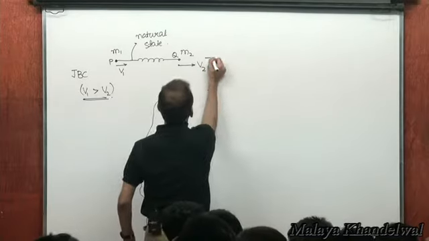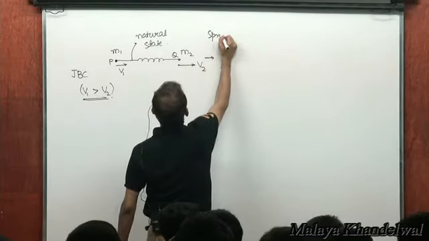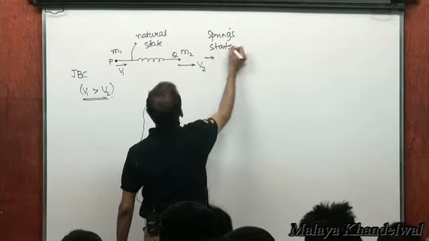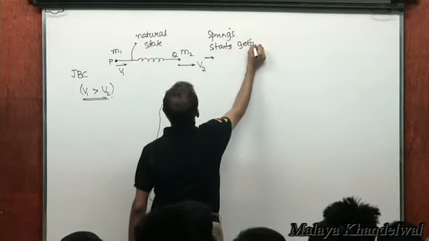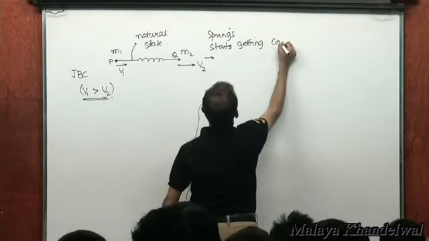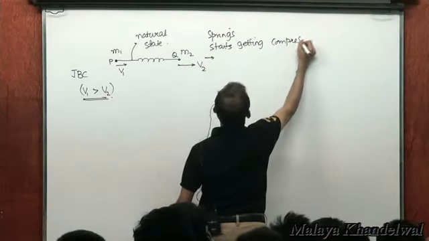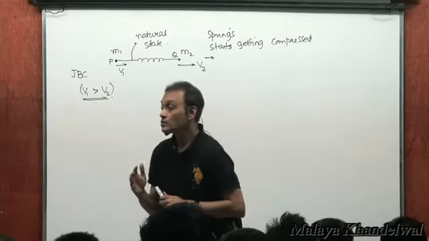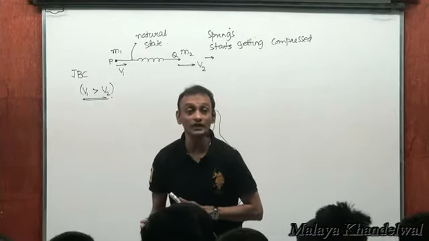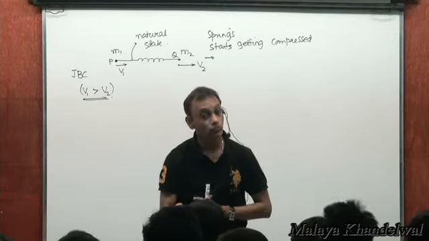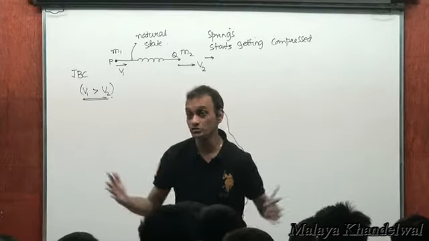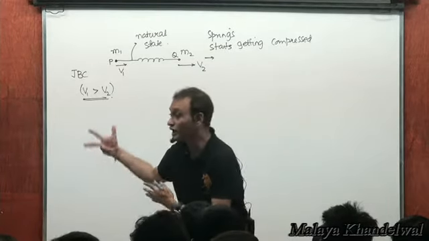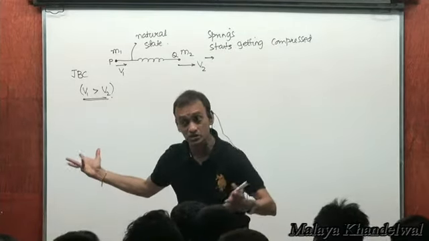If the spring starts getting compressed, what will happen to the kinetic energies of the colliding units? It will decrease, because the energy of compression, the deformation energy in the spring, is coming at the behest of the kinetic energies of the colliding units, right?